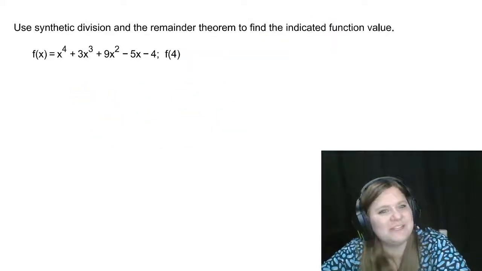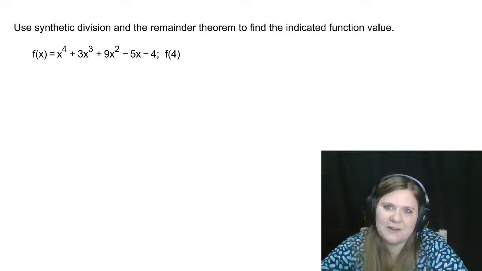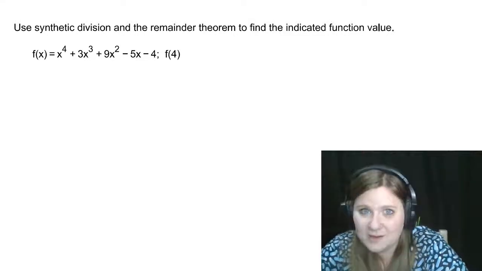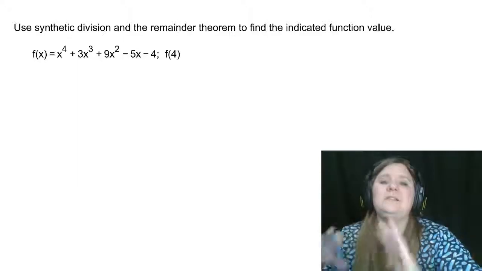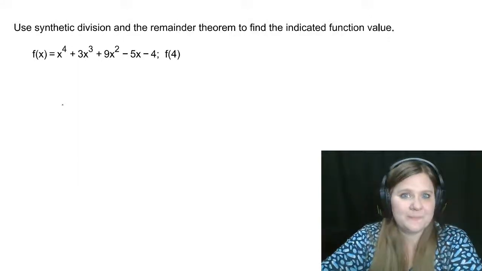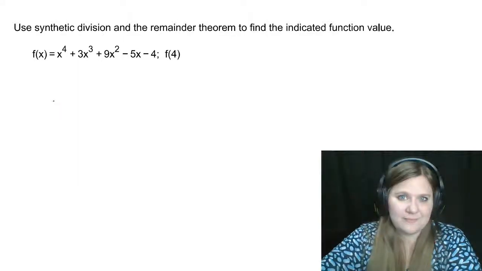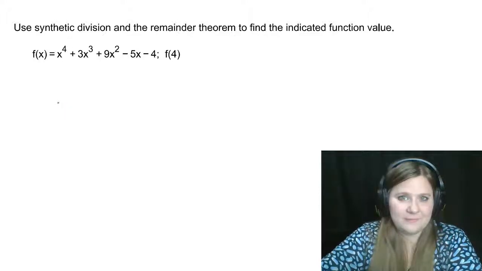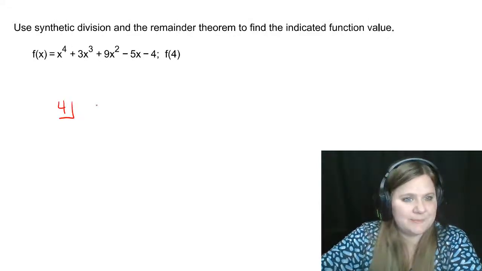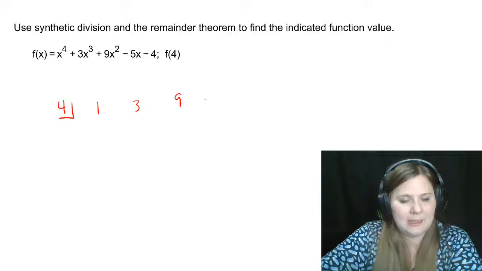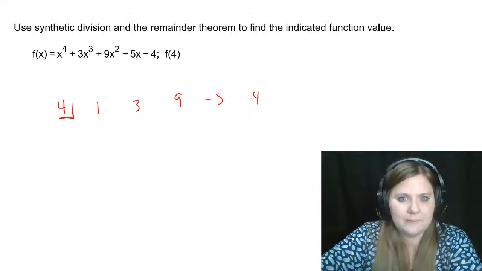All right, use synthetic division and remainder theorem to find f of 4. So remember, don't just plug 4 in. Use synthetic division to find the value. So 4 goes in my box, and my coefficients are 1, 3, 9, -5, and -4.